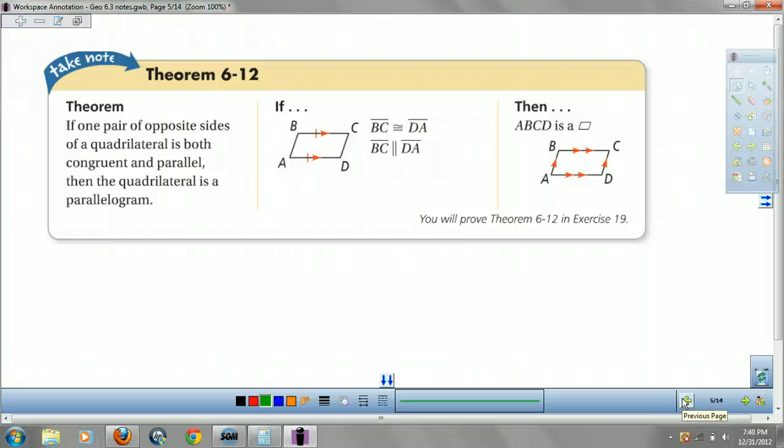This is the only new one that we haven't seen before. What it says is, if we have a quadrilateral in which we have a set of parallel sides and they are congruent to each other, then it is a parallelogram. Now it's the ones that are congruent that are the parallel ones, okay? Have to have two things.